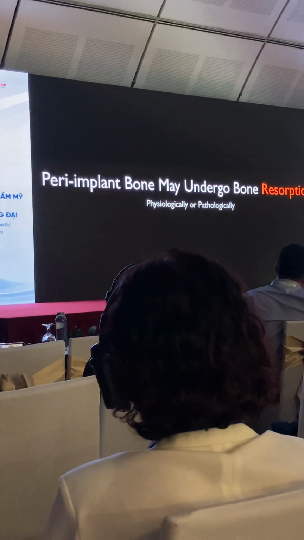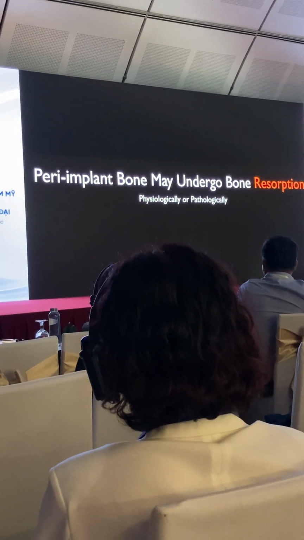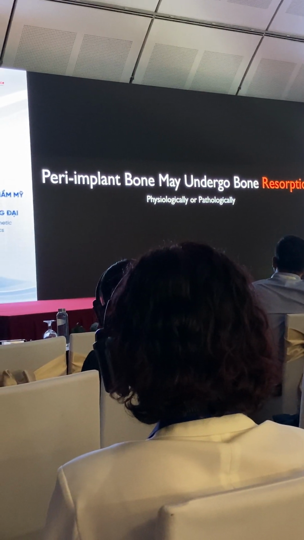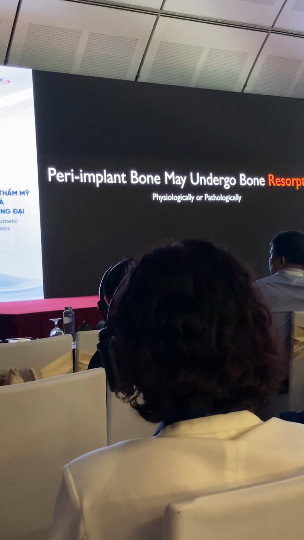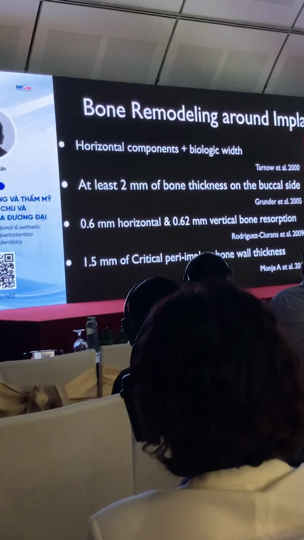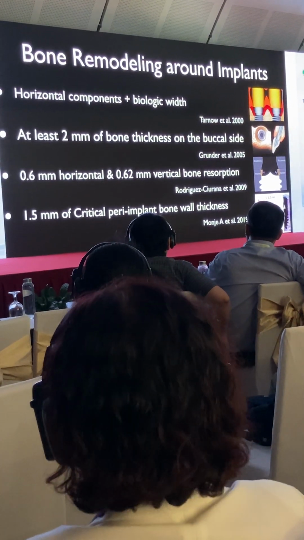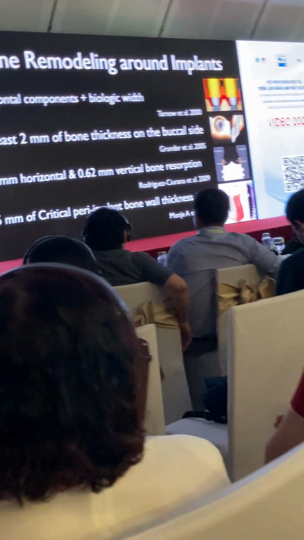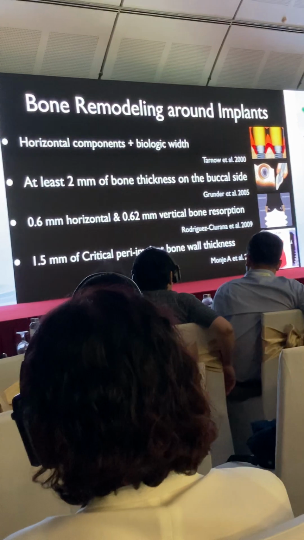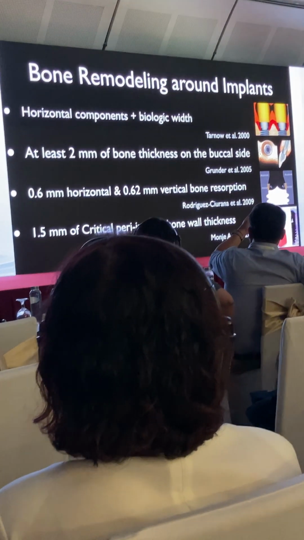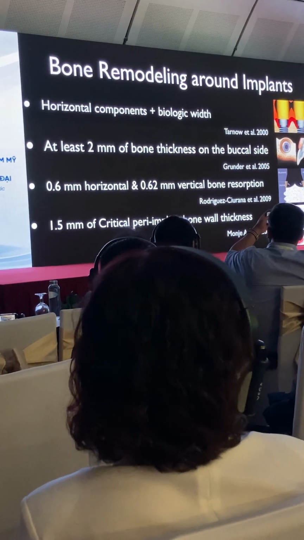you have to remember, our bone keeps remodeling, physiologically and pathologically if it is not done right, right? So if you check the literature, there are a lot of articles showing the bone around the implant is a dynamic balance. It's a dynamic situation. It's not a stable bone.